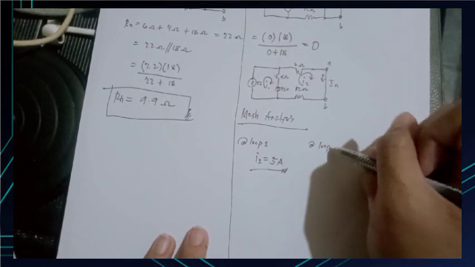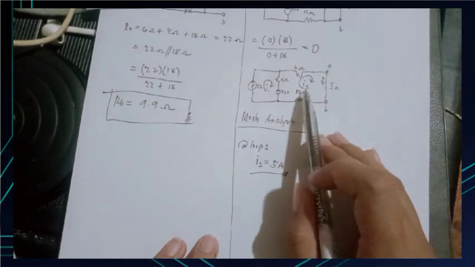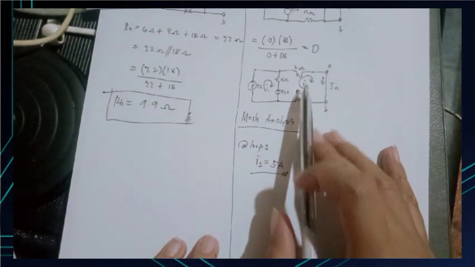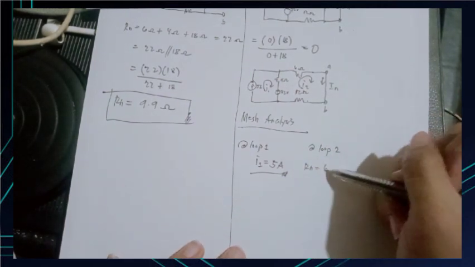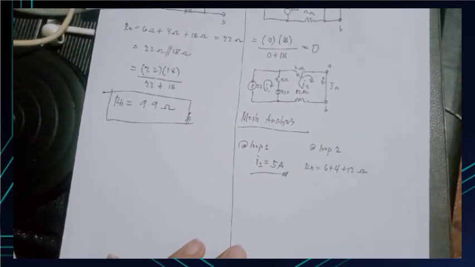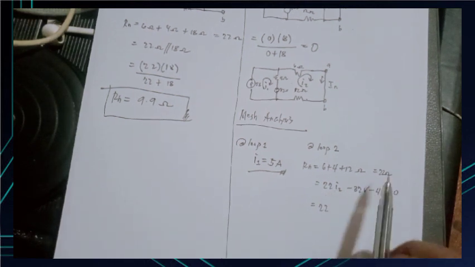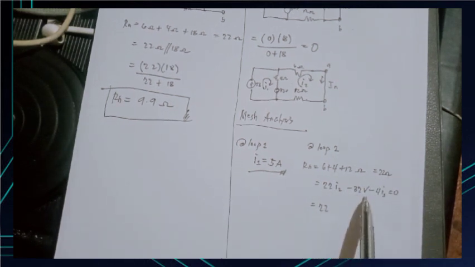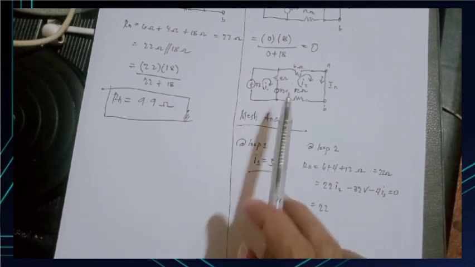So, makikita natin, in series naman tong 6, 4 at 12 ohms. So, 6 plus 4 plus 12 is 22 ohms. So, ang 22 natin is yung I2, minus 32 volts, minus 4 I1 equals to 0.